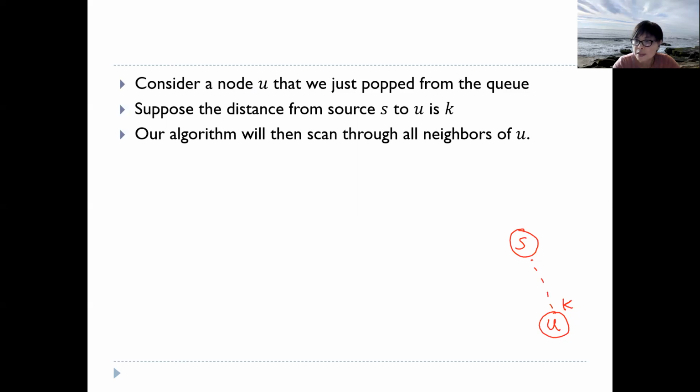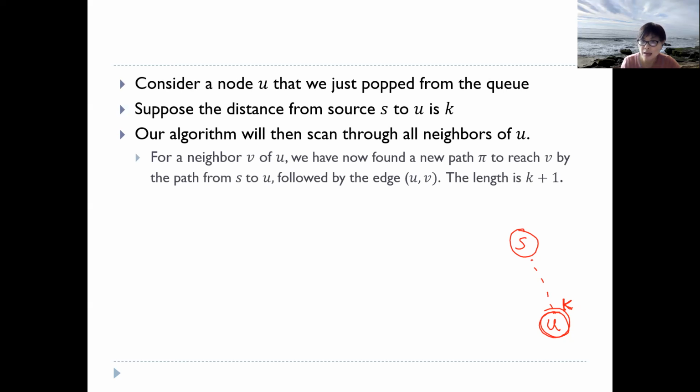The algorithm says let's look at all the neighbors of U. Because if this node can be reached from the source in k steps with k edges, then its neighbors can be reached within k plus 1 steps, a path of k plus 1 length. So that's why we check everything: we want to find all the shortest paths of length k plus 1 going through U.